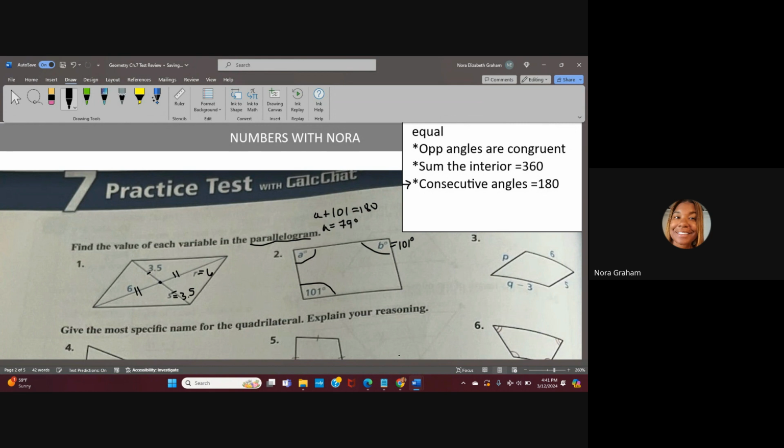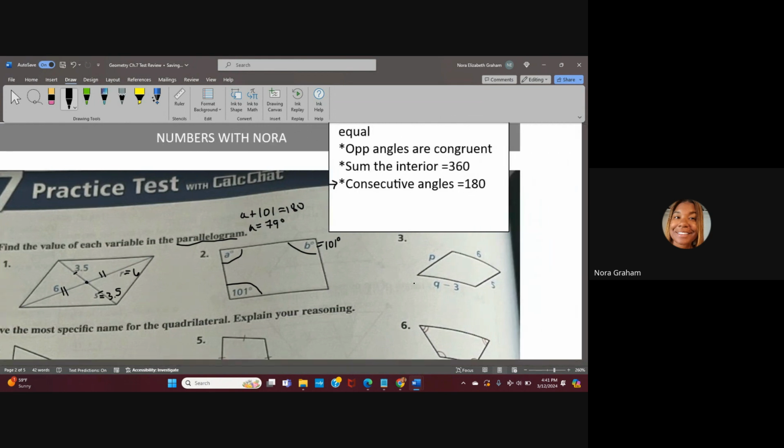All right, so let's scooch on over and look at 3. For 3, again, I'm using my properties. Since they told us it's a parallelogram, my opposite sides are congruent. So we know this P is going to be equal to 5, because those are opposite sides. This side right here and this side are congruent, so I'm going to set up an equation.